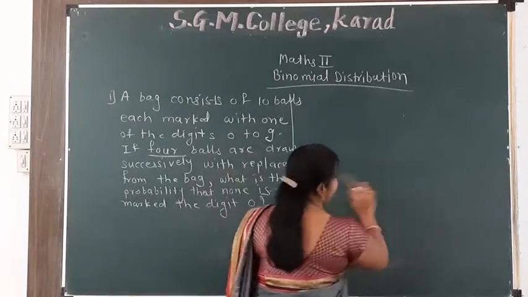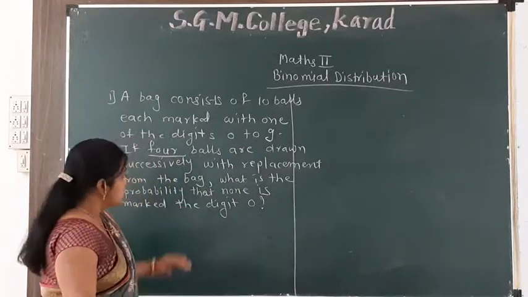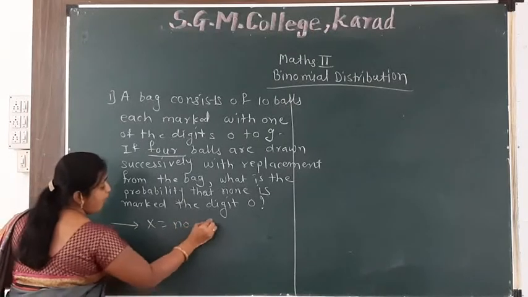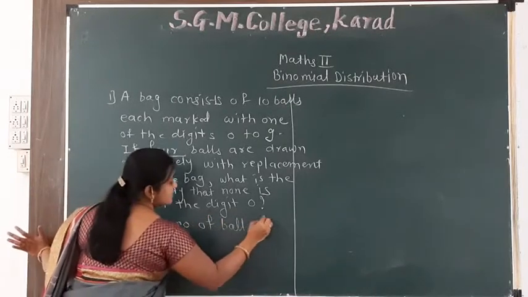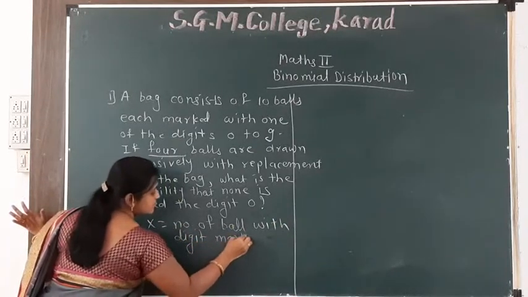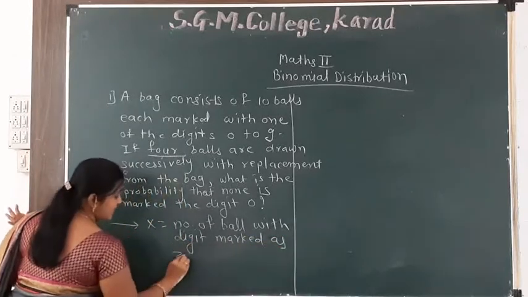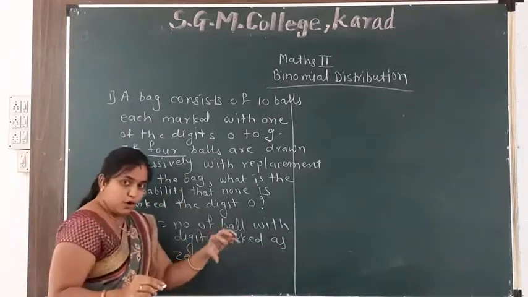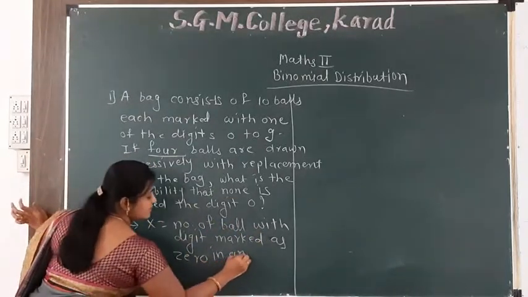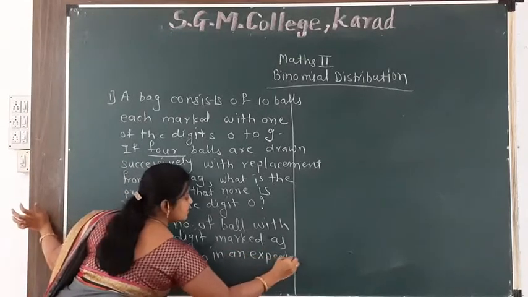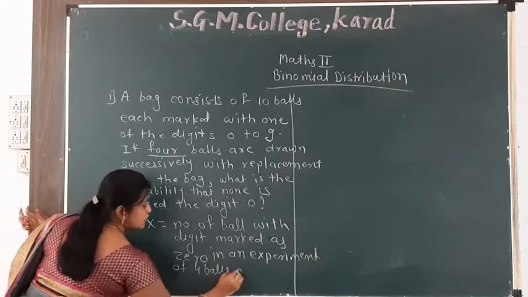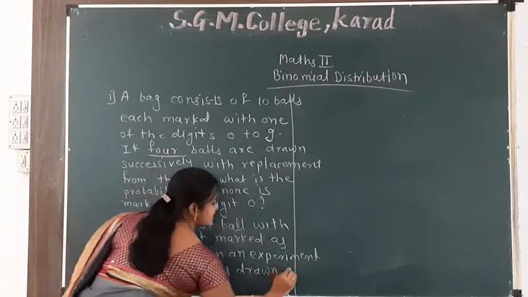So we consider here first what is your success. We consider here success is X, the number of balls with digit marked as 0, those balls which are marked as 0 withdrawn in an experiment of 4 balls drawn.